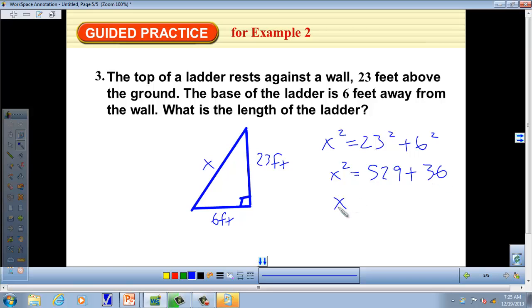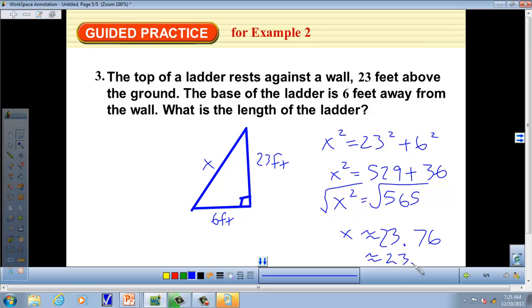If we calculate that, we end up with 565, and then we want to do the square root of 565, which ends up being, let's see, x is approximately 23.76, so to the nearest tenth that would be 23.8 feet would be our answer.